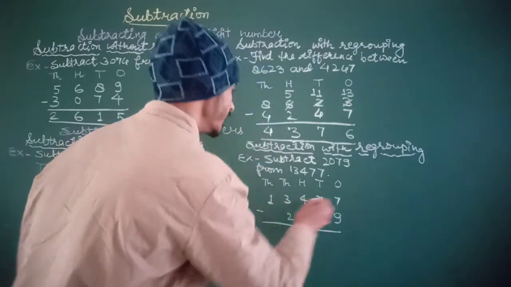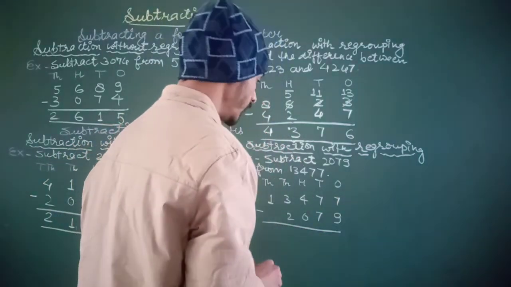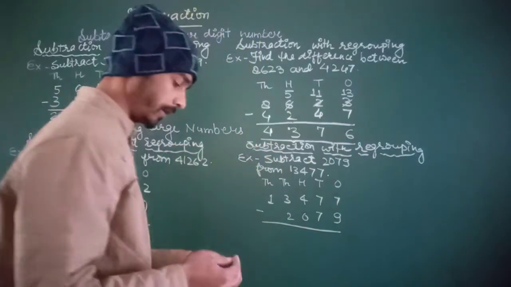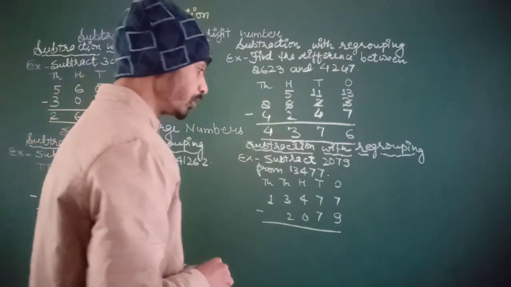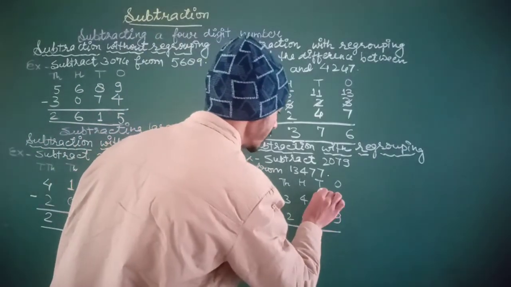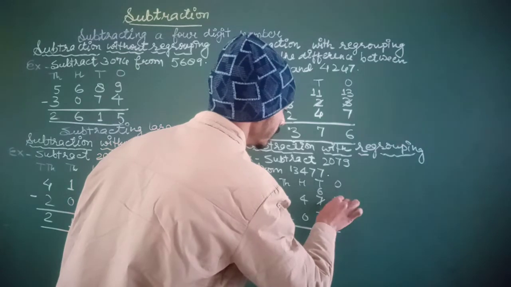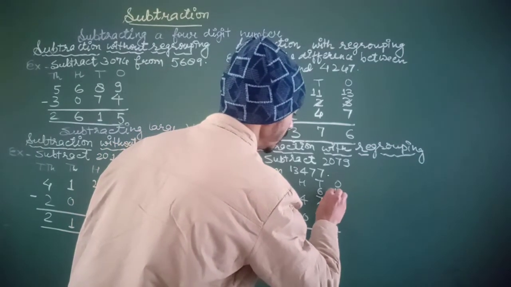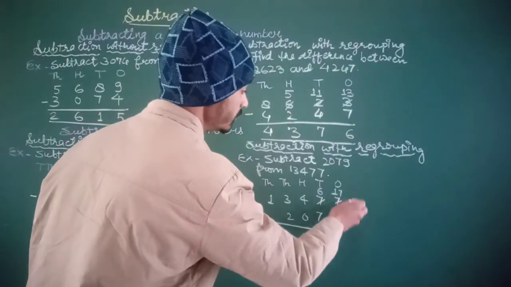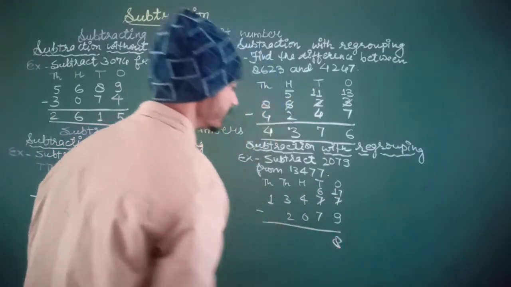Now subtract the ones. Firstly subtract the ones. 9 ones cannot be subtracted from 7 ones. So regroup 7 tens 7 ones into 6 tens and 17 ones. Now subtract 17 ones minus 9 ones, that is 8 ones.